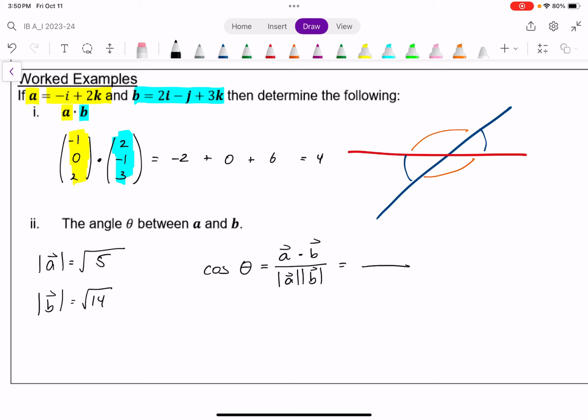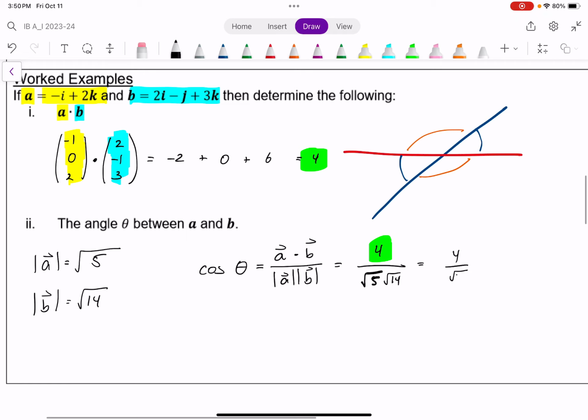So in this case, again, the numerator, I already figured that out, was 4, that dot product right there. And I already found the magnitudes of A and B, so it was √5 times √14. And so in this case, the cosine of the angle is 4 over √70.